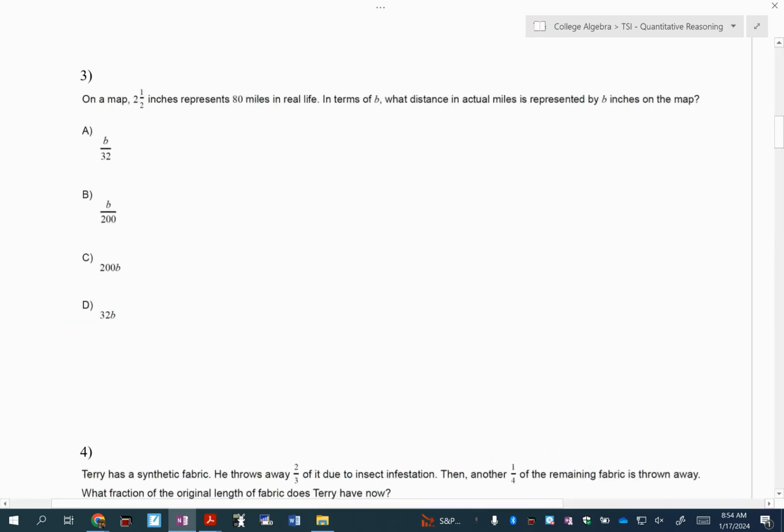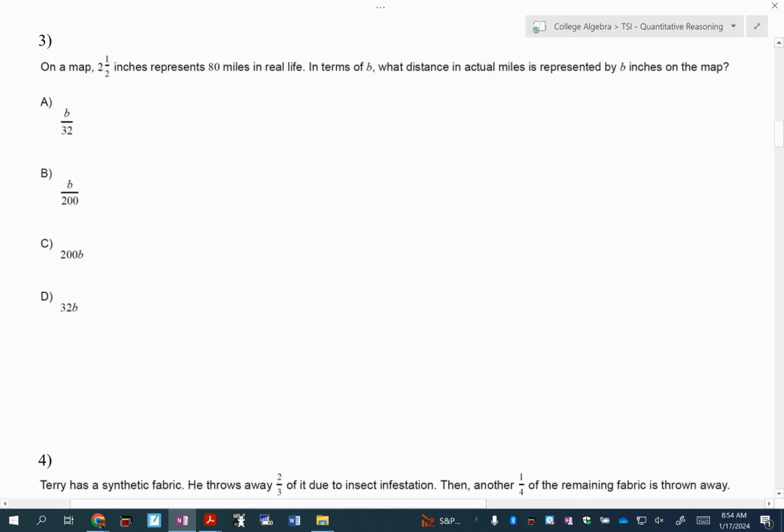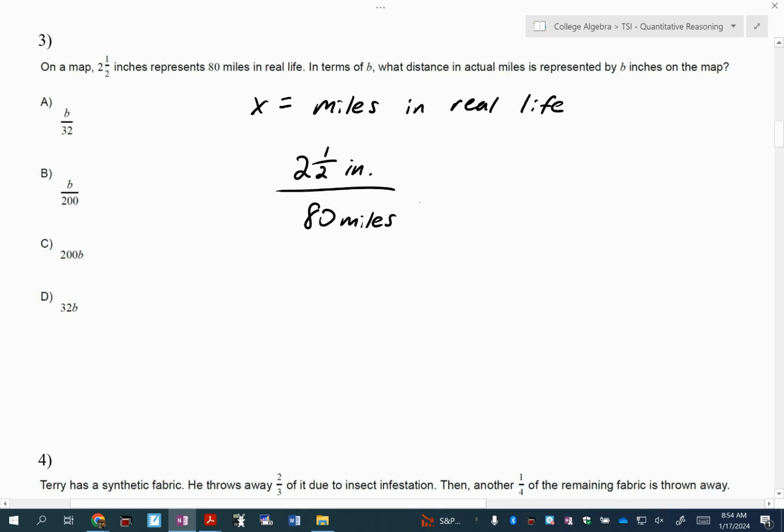Let's do number 3. All right, number 3 says on a map, 2.5 inches represents 80 miles in real life. So I'm going to use X to represent miles in real life. So I have 2.5 inches representing 80 miles in real life.